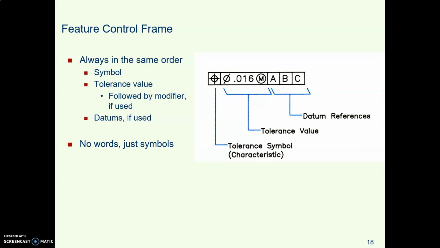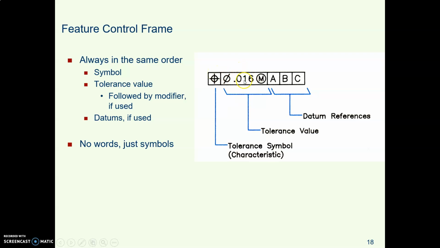When you put geometric controls on your drawing, here's how you do it. You use this box. This is called a feature control frame, and the parts of the feature control frame are always in the same order. First is the symbol. This is the kind of tolerance it is. Then the tolerance value.